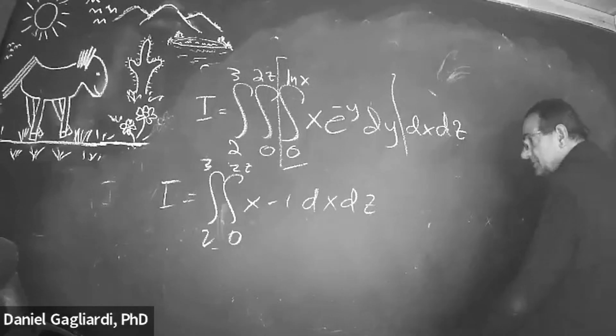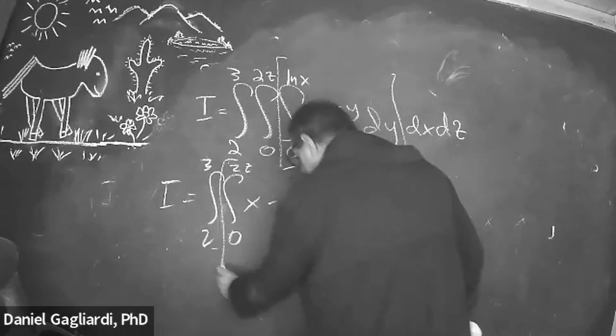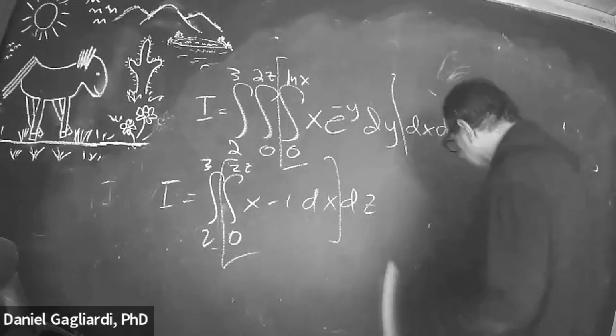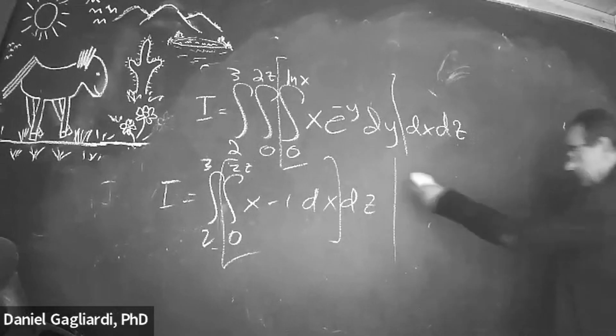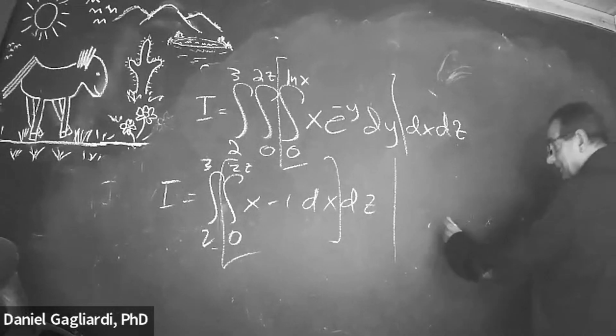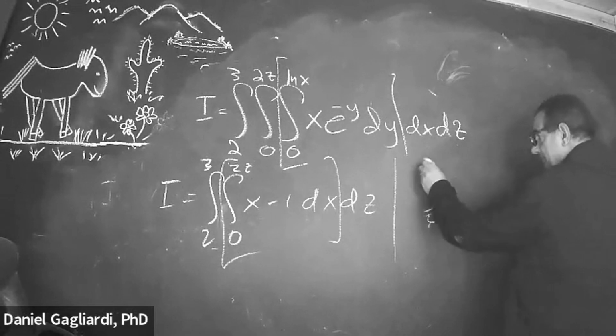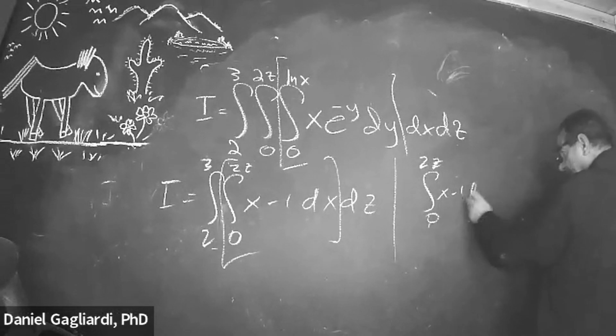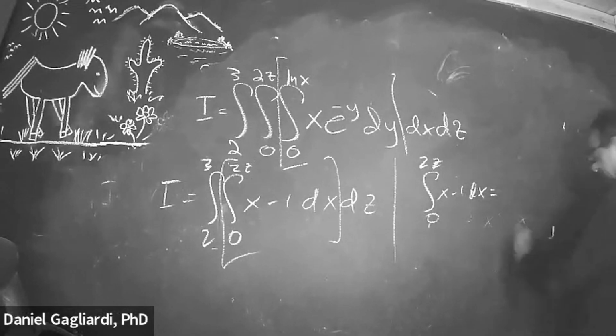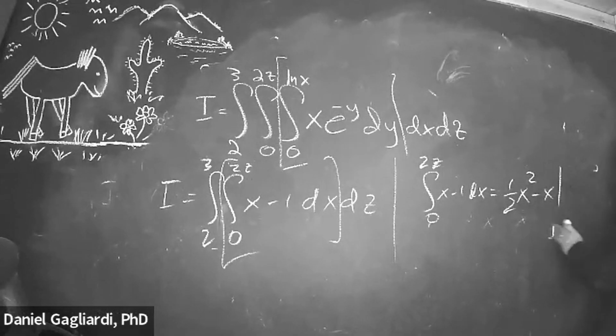All right. So the inside integral in this case is an x integral, and let's go ahead and do that one. I'll just create a little scrap paper here. So we have the integral from 0 to 2z of x minus 1 dx. It's a pretty straightforward little integral. 1/2 x squared minus x between 0 and 2z.